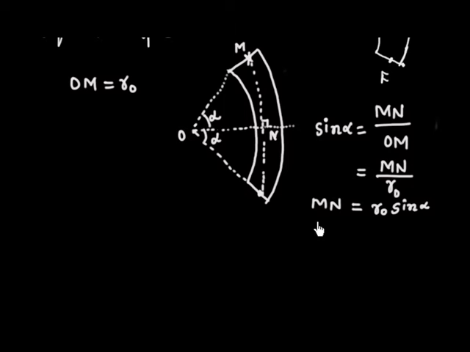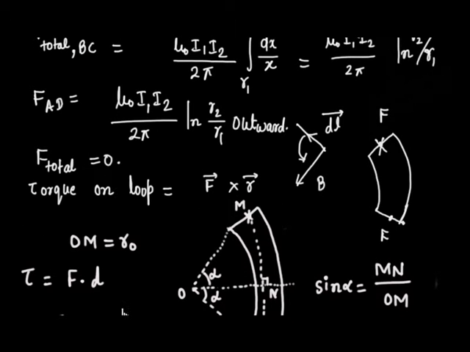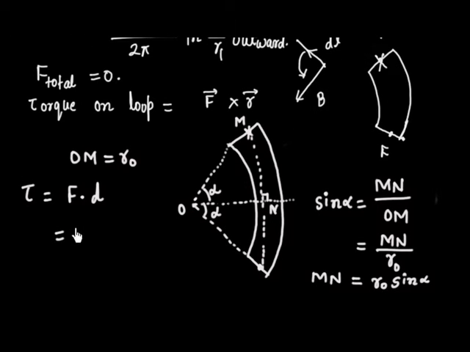So now I can calculate torque. Torque is basically force into distance because this is a case of couple. So this force and this force form a couple. So force into distance will give you the couple. Force, we have already calculated, that is mu naught I1 I2 divided by 2 pi, and then ln R2 by R1.